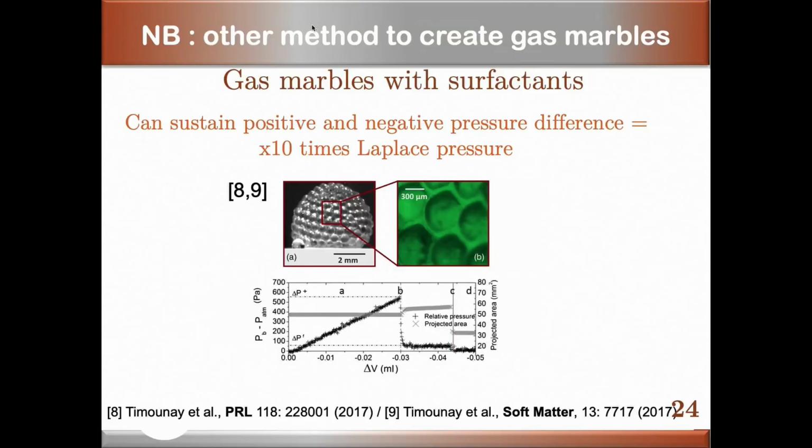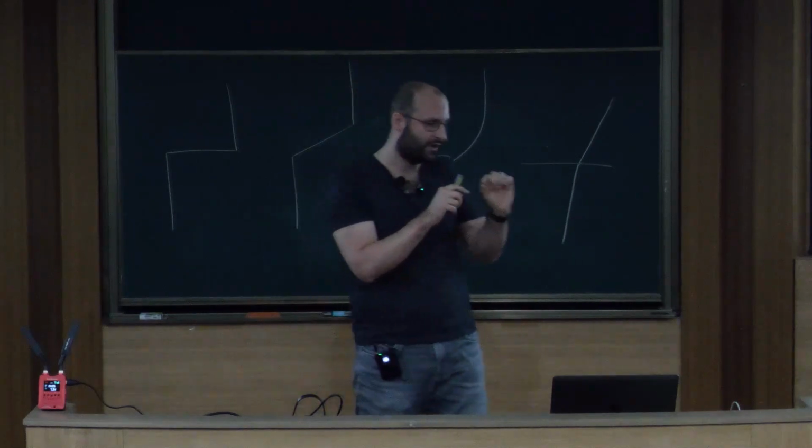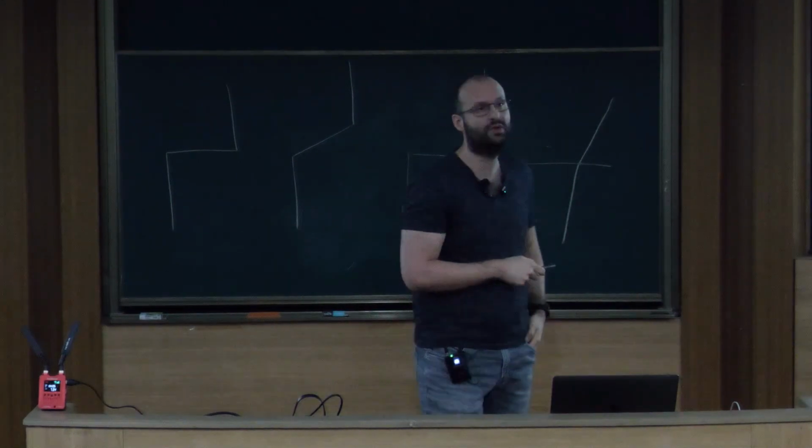So you can increase the pressure inside, and at some point it will increase the distance between the grains, and it will still remain stable before bursting. In our case, you don't have any soap or any surfactant, so as long as you would try to increase and create a liquid film in between, then you will burst.